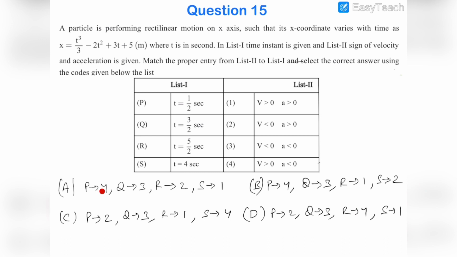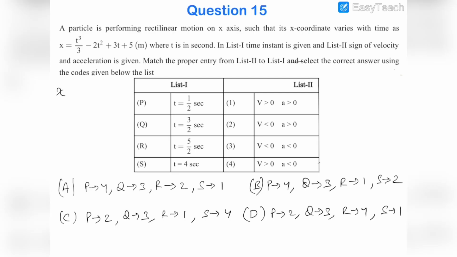So we can first of all check for P option whether it has 4 or 2 as the correct match. So first of all, we know that x is equal to, let us use the blank page, x is equal to t cube by 3 minus 2t square plus 3t plus 5.